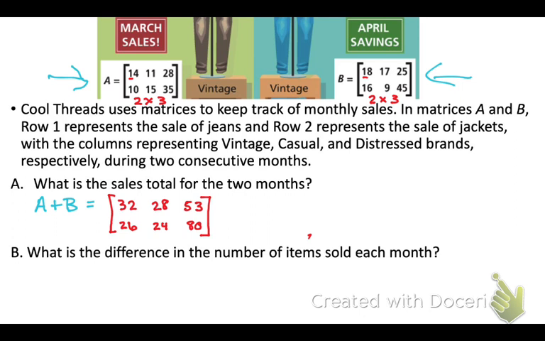So would it just go vintage, casual? Mm-hmm. So vintage, casual, distressed, jeans, jackets. Because they don't change positions. That's why you have to have them completely matched up. Does that make sense?